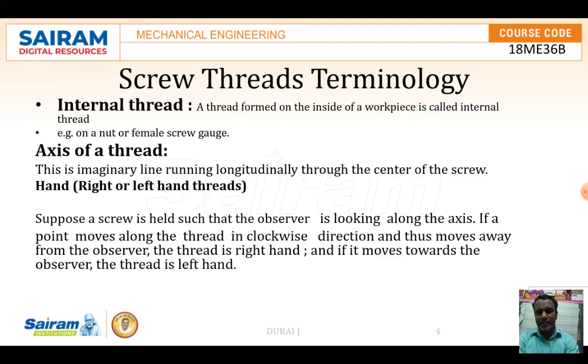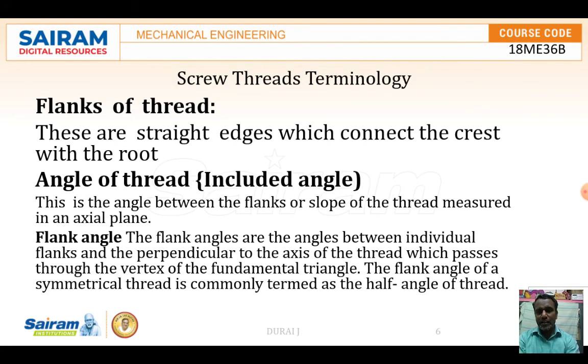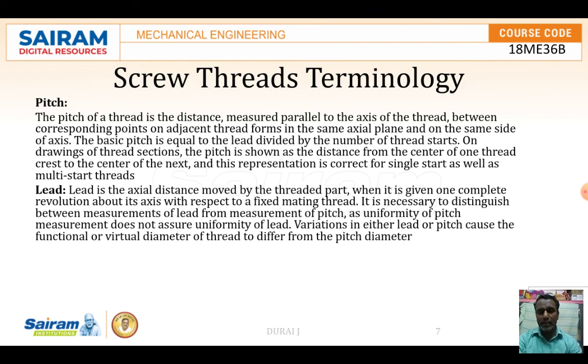The lead is the distance the helical groove moves in one full revolution. Here they say that lead is the axial distance moved by the threaded cord when given one complete revolution about its axis with respect to a fixed mating thread.